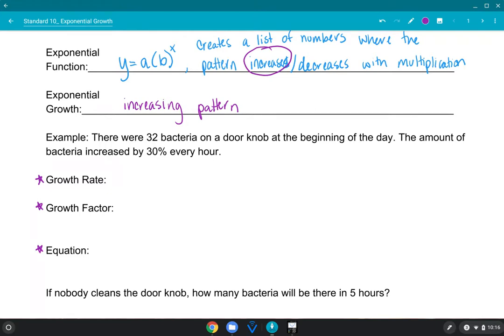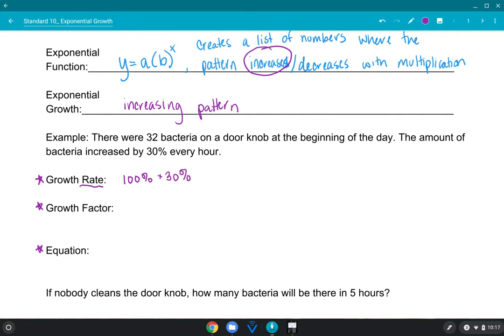A growth rate is telling you how much it's growing by. So the amount of bacteria on a doorknob at the beginning of a day is 32. So 100% of its population is 32. It keeps that 100% and then adds 30% more.